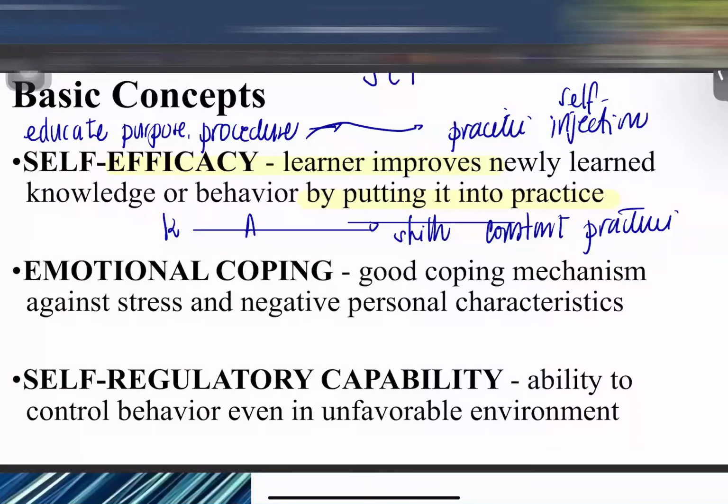Okay? Now, class, if your patient would not be able to put it into practice, for example, nag-demo-demo lang kayo, pagkatapos hindi niya naman na-practice, is self-efficacy attained? Kung hindi niya na-practice on his own. Okay? So, class, self-efficacy would not be attained. Now, why am I giving you that as an example?